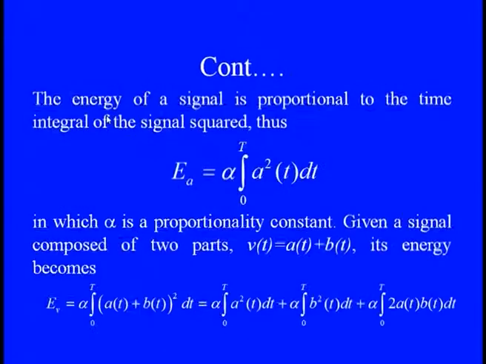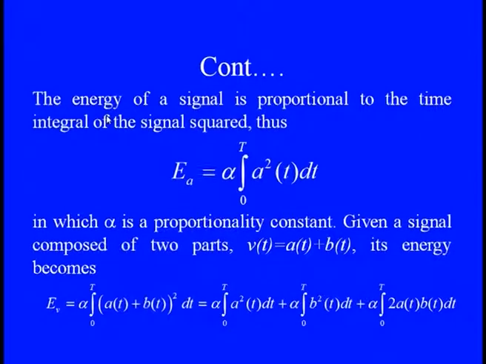Using this property, we can say that the energy of the signal is proportional to the time integral of the entire signal squared. So, E of A, the energy of the signal, is alpha times the integration from 0 to T of A square of t dt, where alpha is the constant we are using.